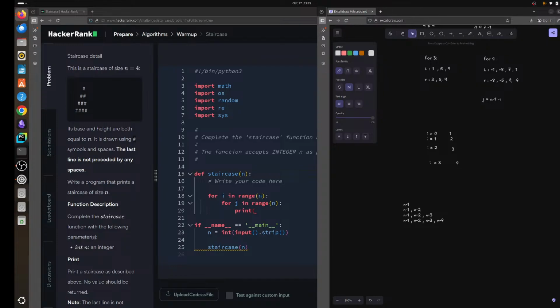So we understood from the first. Okay. Let's consider when i equals 0, 1 star is printing, right? i plus 1, i plus 1 number of hashes is printing.